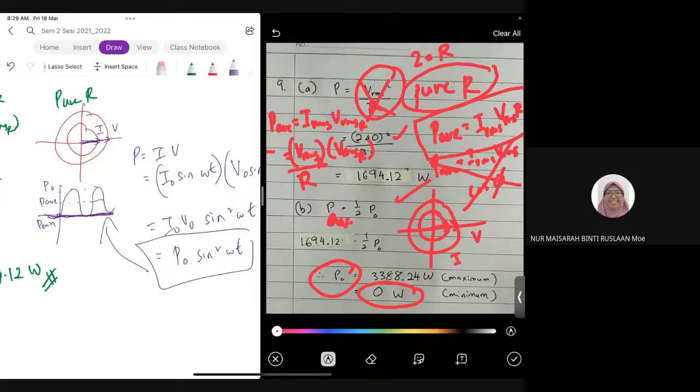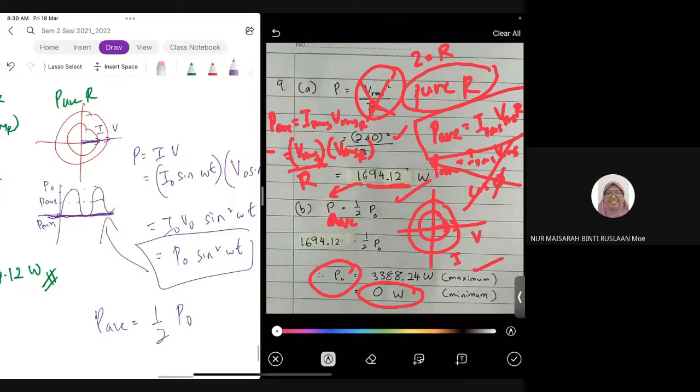Okay. Kalau awak buat P average sama dengan setengah P0. Iaitu P average sama dengan setengah P0. Betul? P average dah ada. Ni P average lah yang awak kira ni P average. So setengah P0 lah. So maksudnya darab 2 lah. So dah akan dapatlah jawapan maksimum.